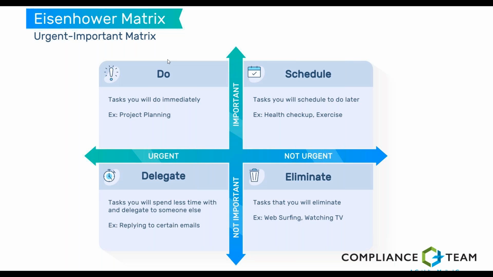Maybe they involve intellectual property that you don't want to share with outsiders. Maybe it involves a very specific way of doing things. These are the things you do on your own, and you do them immediately. And of course, in this case, they give the example of project planning. You need to do that up front.